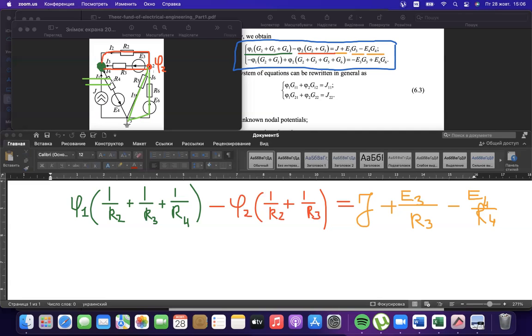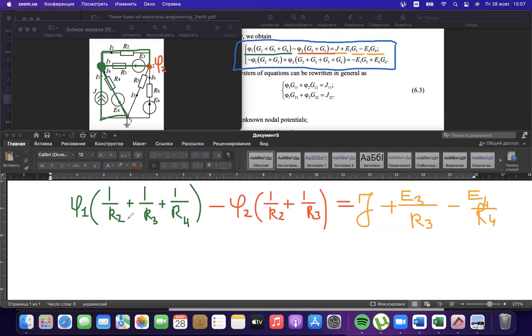Okay, but why does the first phi1 include R2, R3, R4? I don't understand. Yeah. Because, okay, just one moment, I will write from this. When we are writing the equation for the first potential, we are taking only branches near the potential. Only these 4 branches will be inside the equation.